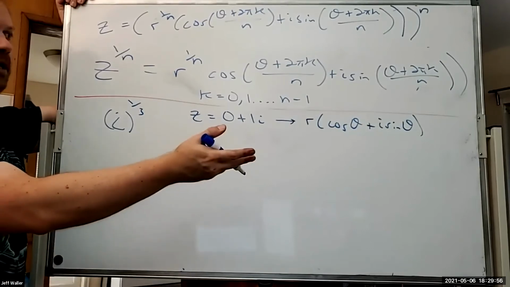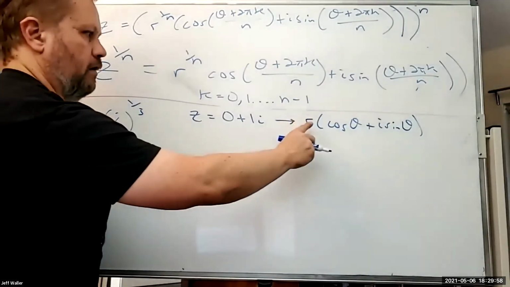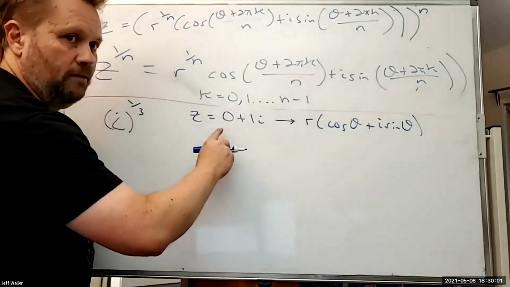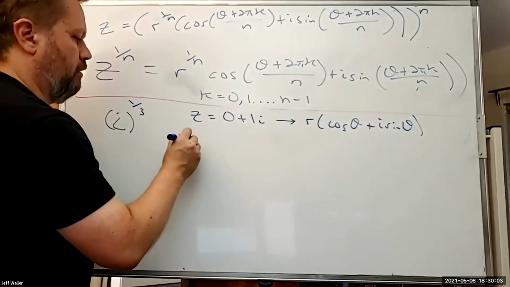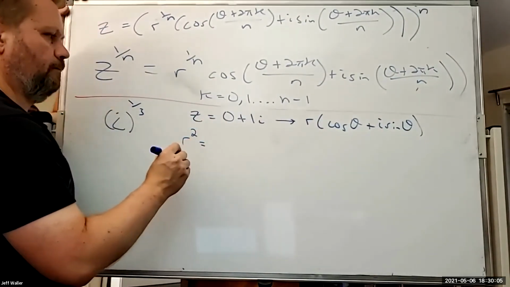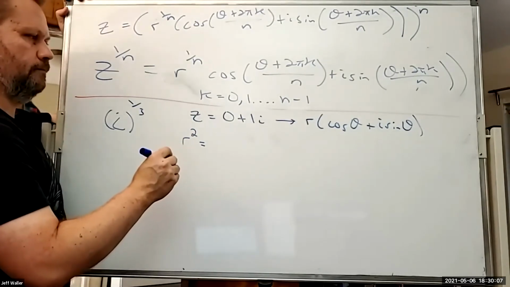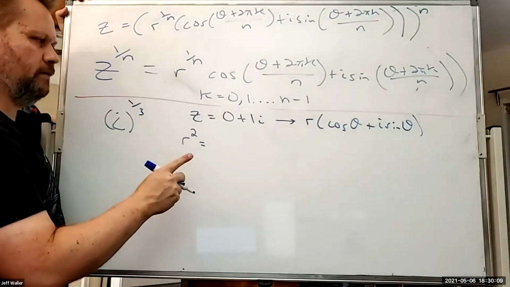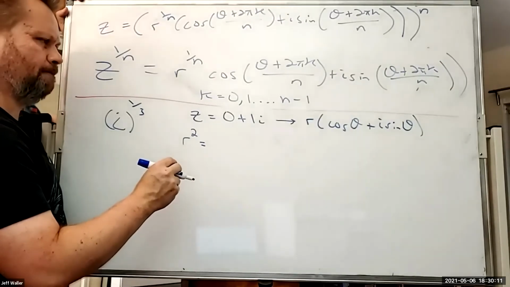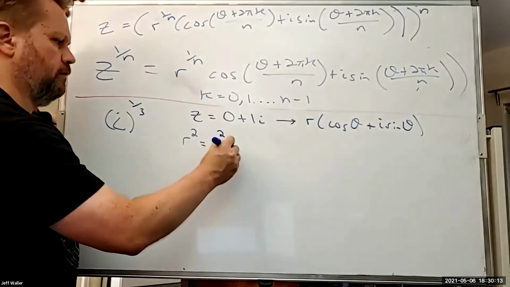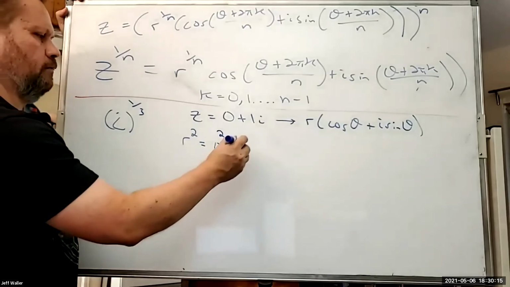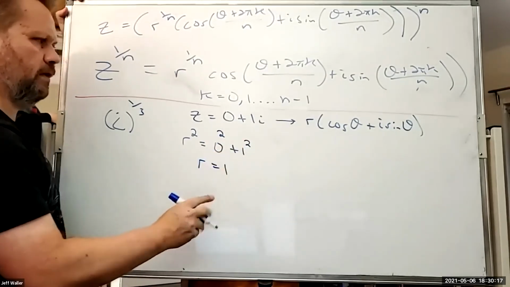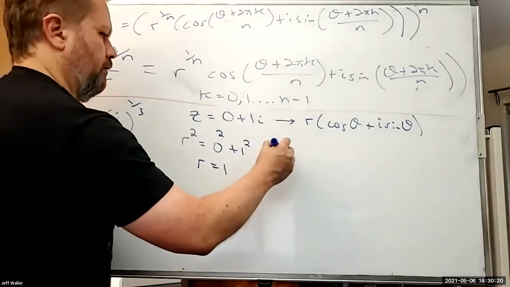So obviously, what do I need to figure out? I need to figure out r. That's easy. What's the x piece? 0. What's the y piece? 1. So I get r is 1. That's nice.